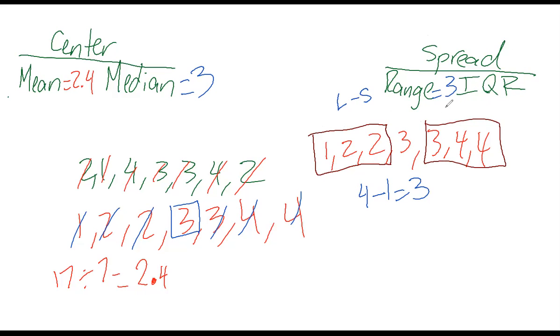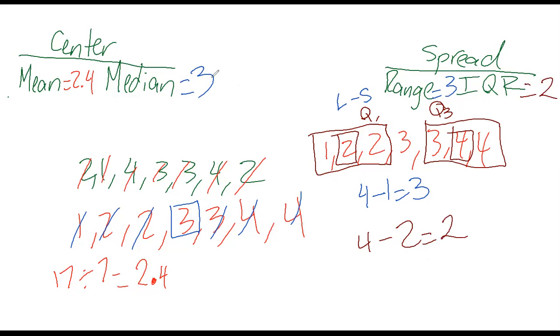A lot of times you'll see it written like this, Q3 minus Q1, which means we're going to take the middle of the top half, which is 4, and subtract it from the middle of our bottom half, which is 2. So Q3 would be 4, Q1 would be 2. We subtract, and our interquartile range is 2.